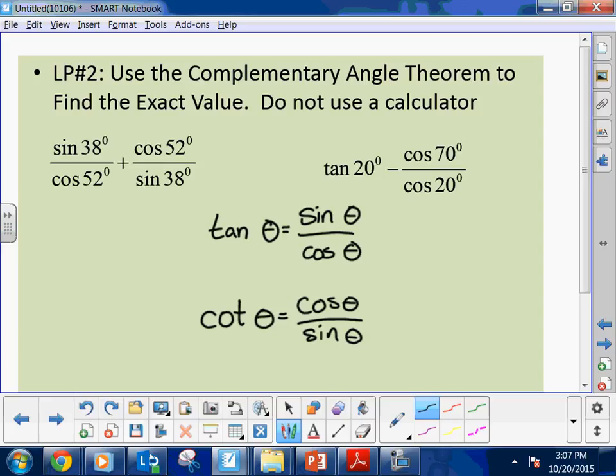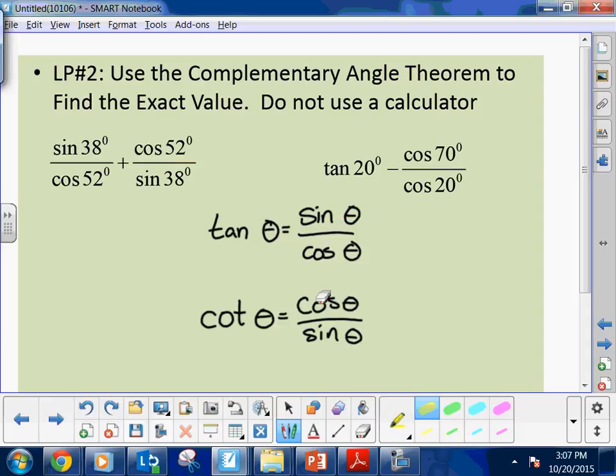Let's go ahead, and in this case, probably the easiest thing to do that I'm seeing, let's make them both into tangent functions. Because I have a couple of properties I could play with, I'm going to focus on this one.